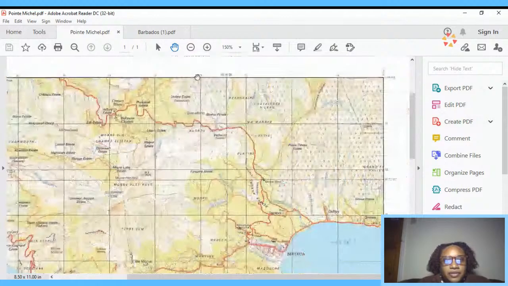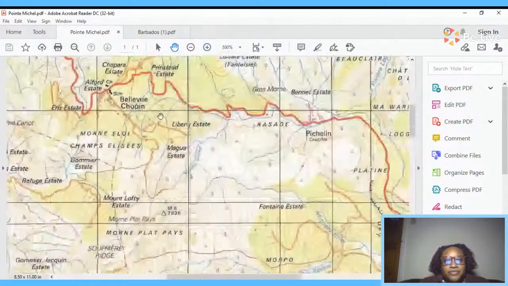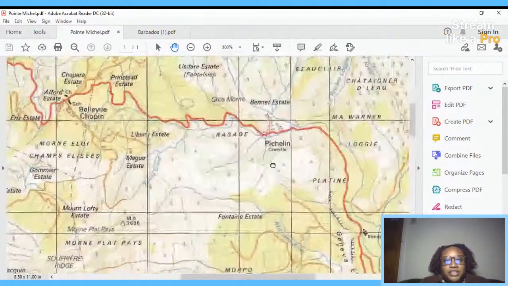Okay, so what type of settlement pattern can you see at Michelin?